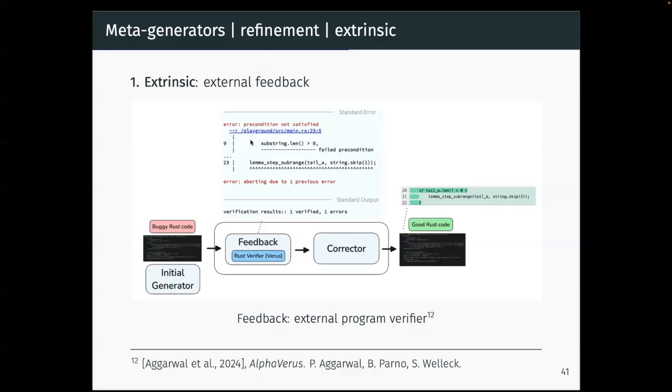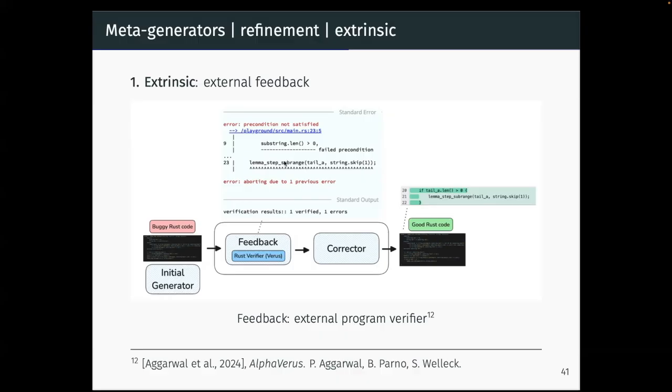What the formal verifier does is check whether the program actually meets the formal program specification. If it doesn't, it can give you very detailed error messages. It's small here, but it says error, and it even highlights line 23 and line number 9.